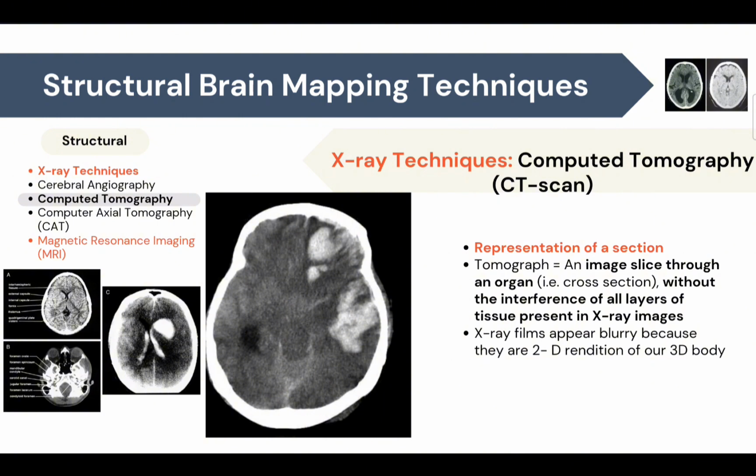X-ray films appear blurry because they are a 2D rendition of our 3D body. So as you can imagine, this is how a CT scan brain image looks. It's very blurry. You can't really tell what parts of the brain it is, because it's not very clear.